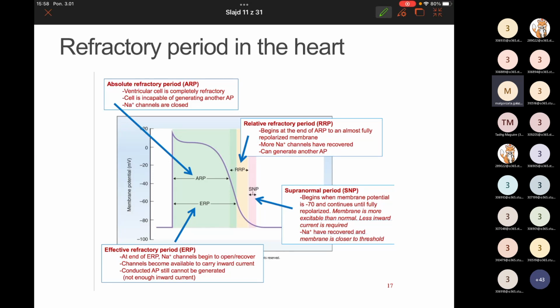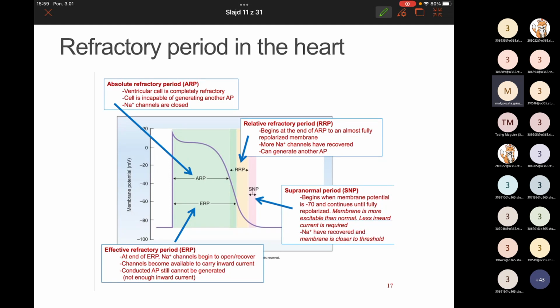Okay, so the cell membranes which can generate action potential, in most of the cells, are characterized by a refractory period. In the case of pacemaker cells, the whole duration of the action potential is associated with the absolute refractory period. So during the action potential of pacemaker cells, a second action potential cannot be generated.